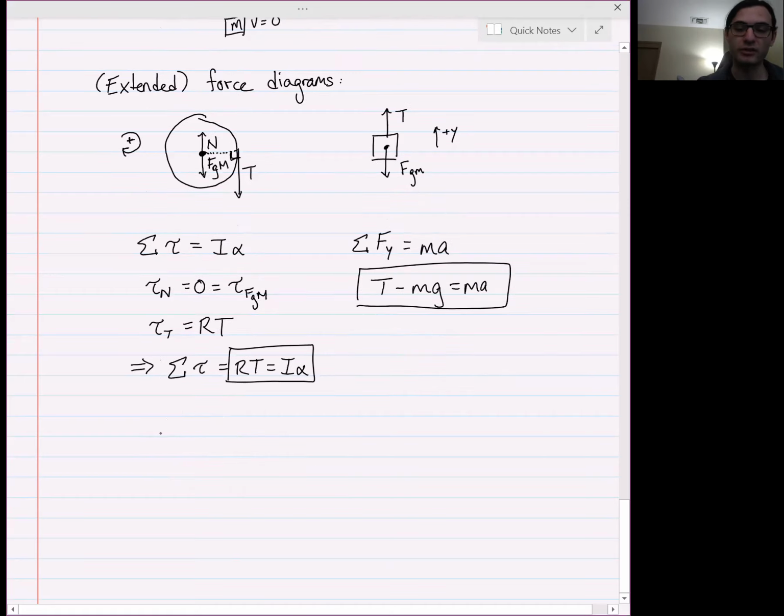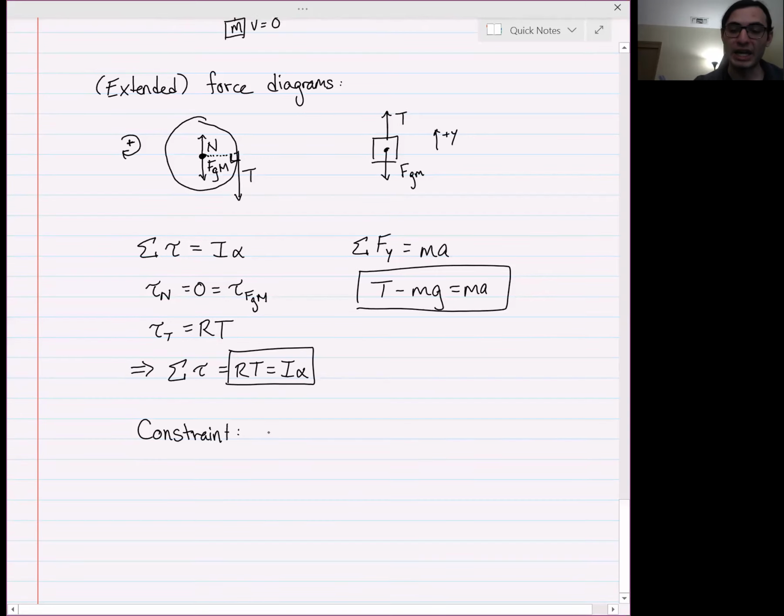There is a constraint. The constraint is that the speed at which the block falls is related to the speed at which the spool turns. In particular, this is like rolling without slipping, and so we would expect to see a rolling without slipping type condition. In particular, we get that a is equal to R alpha.